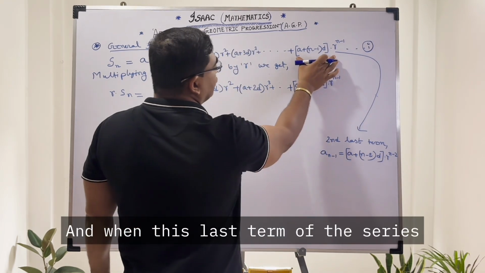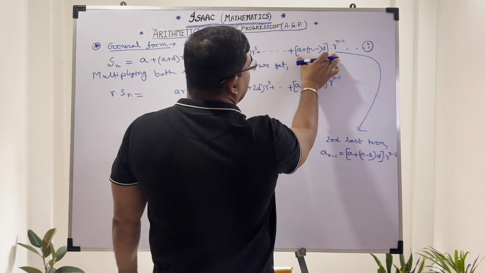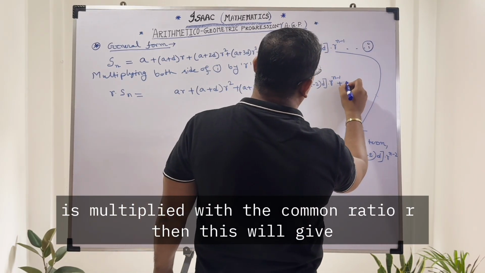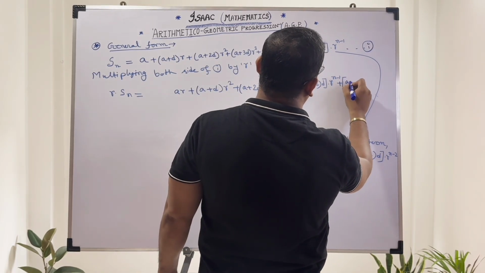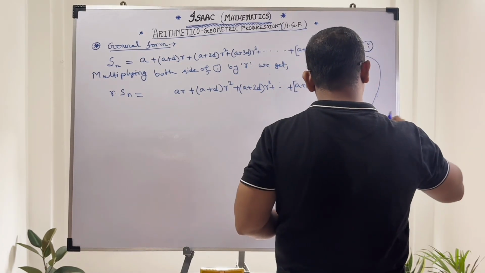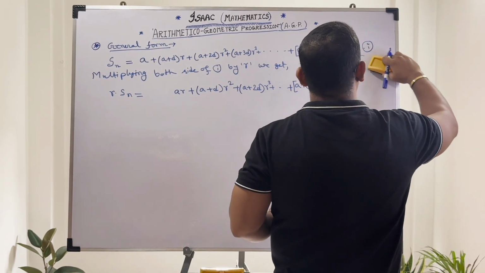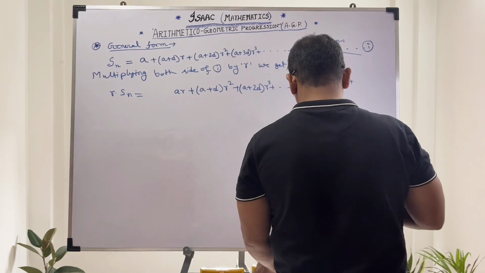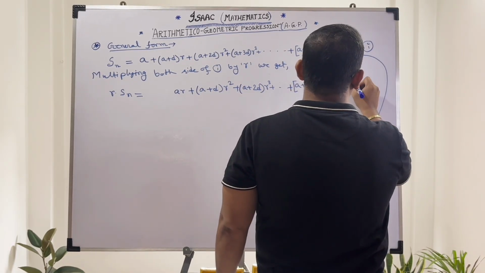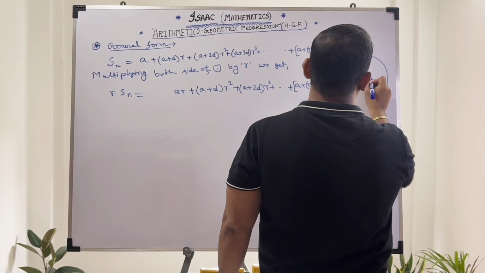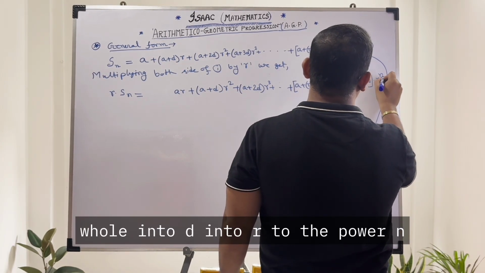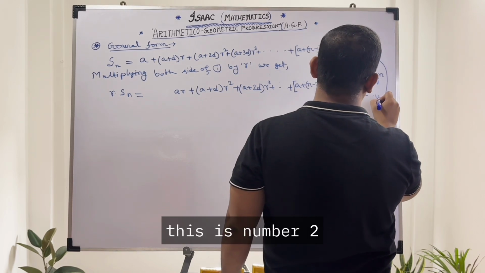And when the last term of the series is multiplied with the common ratio R, this will give A plus n minus 1 whole into D into R to the power n. This is number 2.